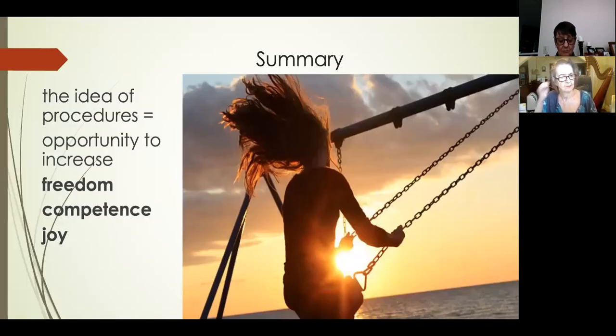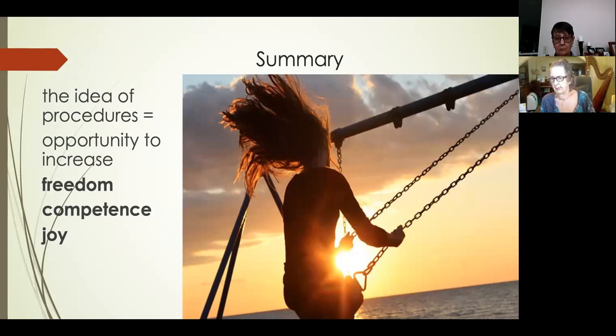So, in summary, the key idea of procedures is to think of it as an opportunity to increase the freedom of the teacher, to go on to higher order learning and to increase achievement, but also to free the students. Students love to be competent, and it increases their competence.